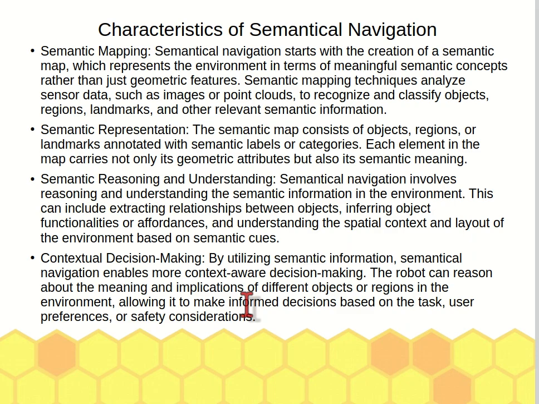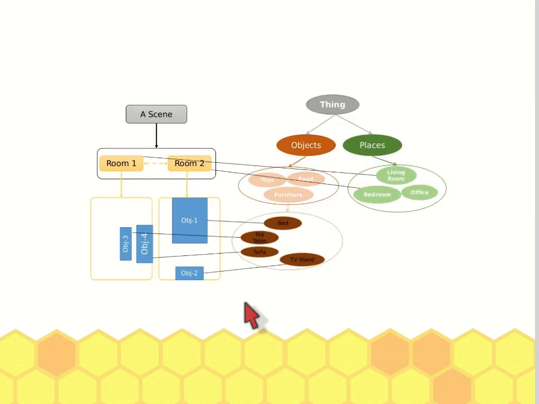So some example, for example, this one. You have room 1, and then you have room 2. You have object 3, object 4. Object 3 is tea table, object 4 is sofa, TV stand.